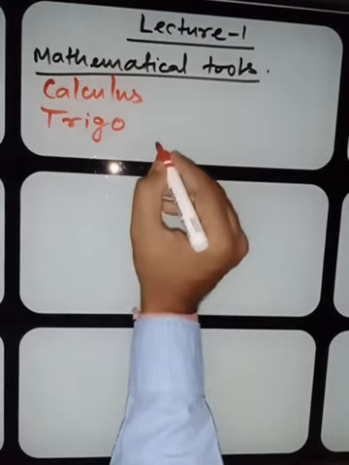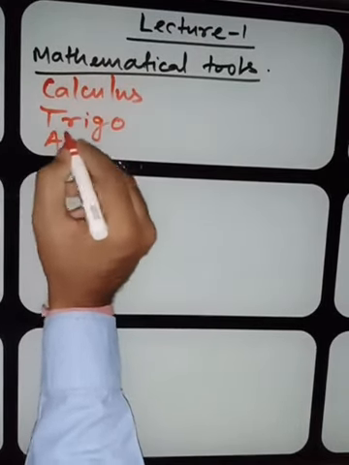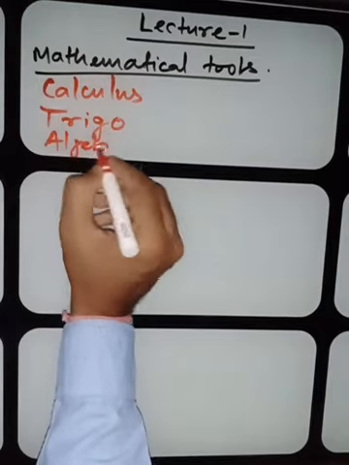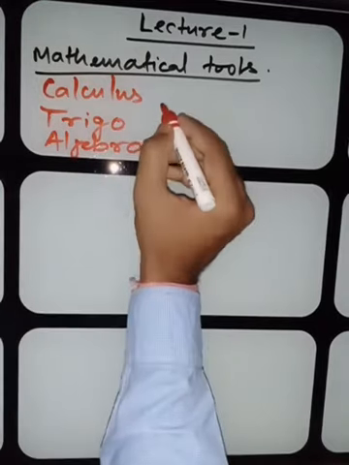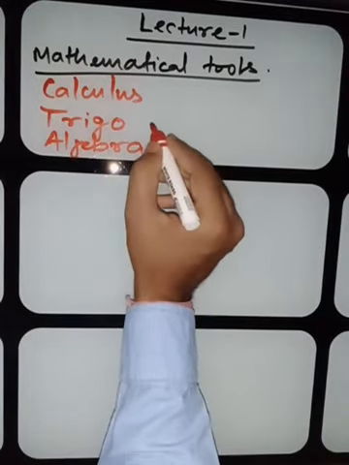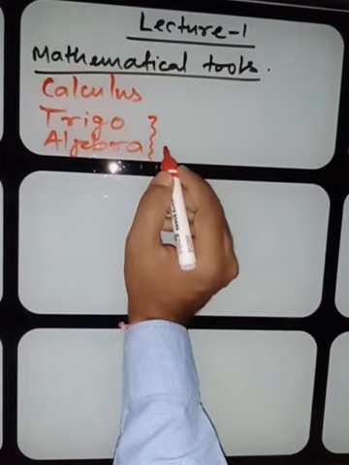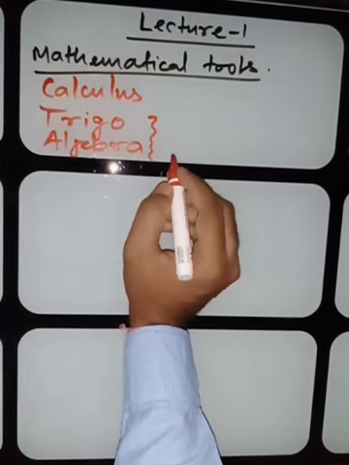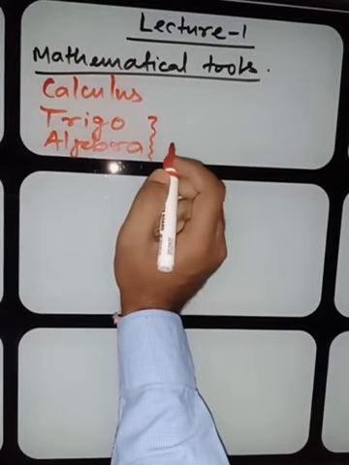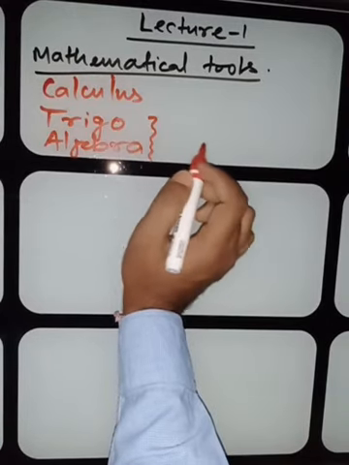And the third one is algebra. In trigonometry and algebra, the concepts you will use are almost at the level of Standard 10th, a little bit different. But calculus you haven't studied in your Standard 10th or up to 10th so far.